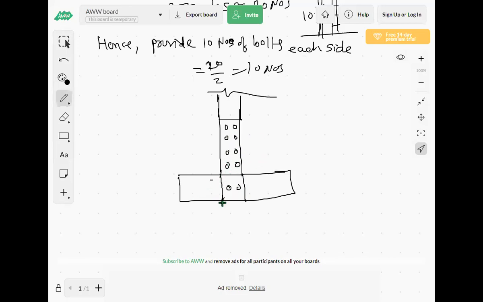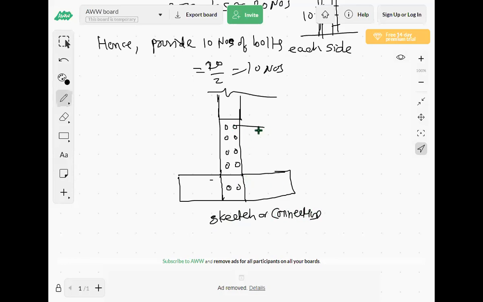So total 10 bolts are there, so you can use vertically 4 rows, 8 bolts, and only 2 rows in the horizontal plane, or you can use 3 rows here and 2 here. So here 4 bolts, and here 6 bolts. So like this you can place your bolts and make the bolted connection. So this is your sketch of the connection.